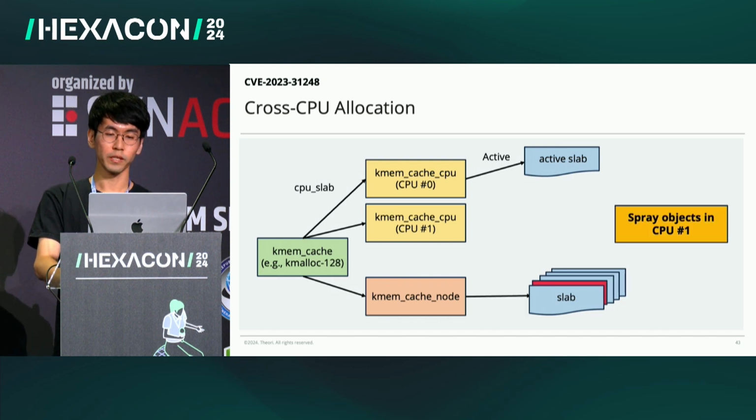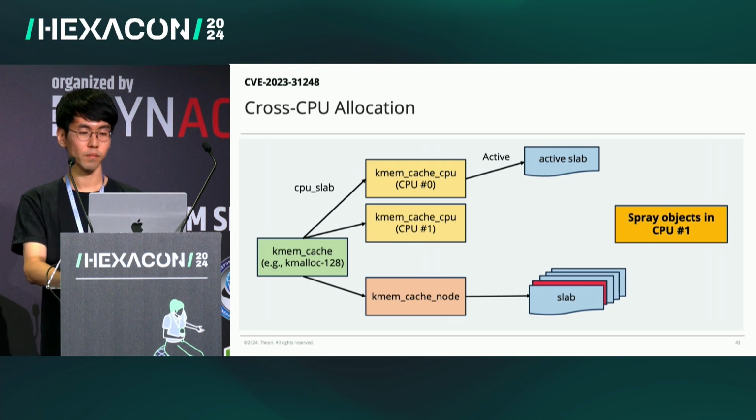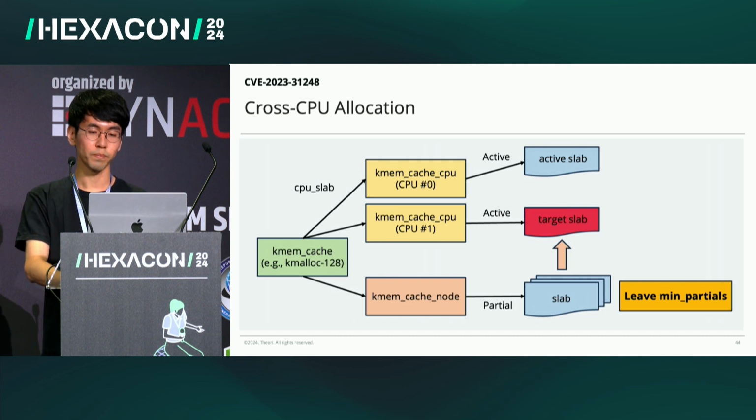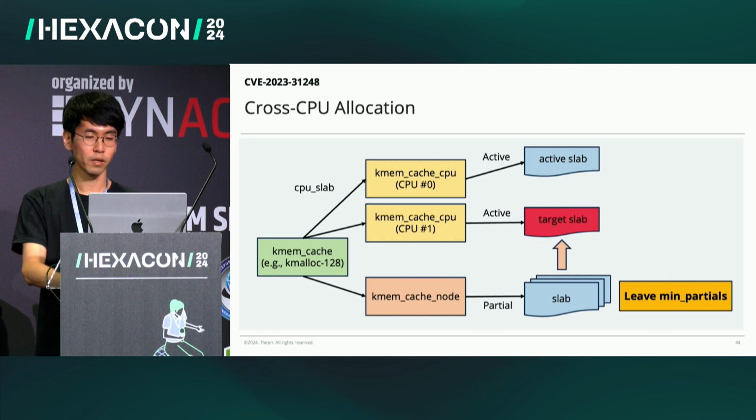Let's allocate an object on CPU 1. When we allocate objects on CPU 1 and exhaust CPU 1's per-CPU slab, the allocator fetches slabs from the node partial list to the per-CPU slab. We added a dummy partial slab previously because the allocator leaves a minimal number of slabs on the node.